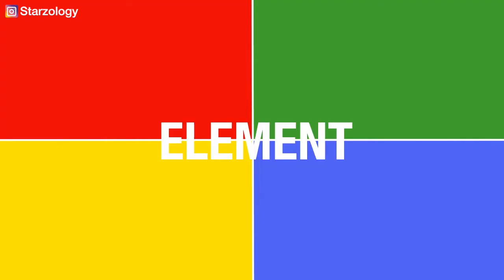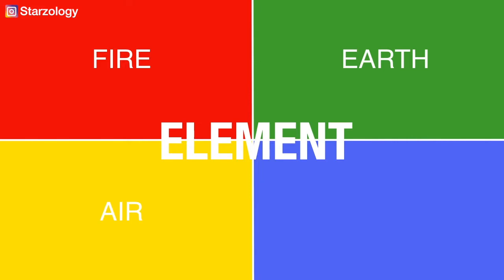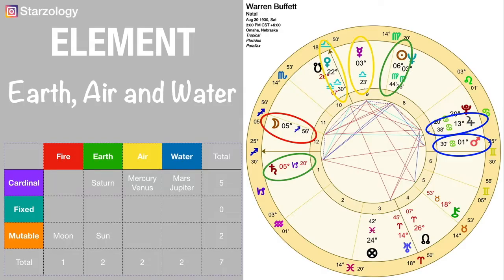Next, we'll have a look at the elements of fire, earth, air, and water. We can see clearly I've highlighted each of the 7 planets with the colour for the elements. The 1 fire planet is the Moon in red. Then we have the 2 earth planets in green, which are the Sun and Saturn. Then we have the 2 air planets in yellow, and that's Mercury and Venus.